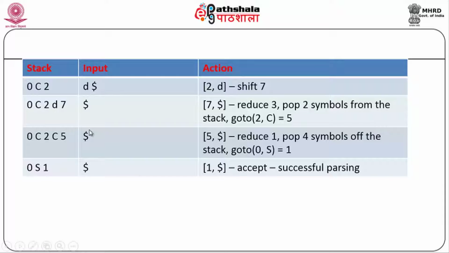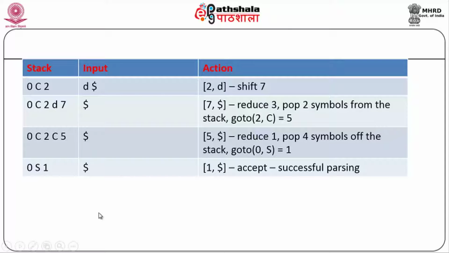Exactly the same logic as your SLR parser. The only thing is you will have to refer to a different parsing table. Okay, that's it. So 5 comma dollar will be reduced by 1 and pop 4 symbols off the stack. So goto of 0 comma S is equal to 1, and finally 0 S 1 is there, 1 and dollar accept, therefore successful parsing.